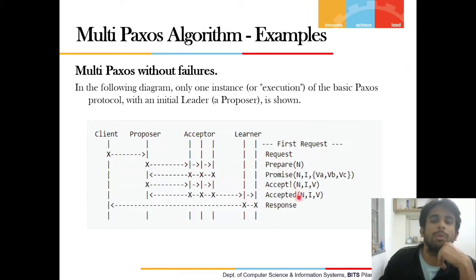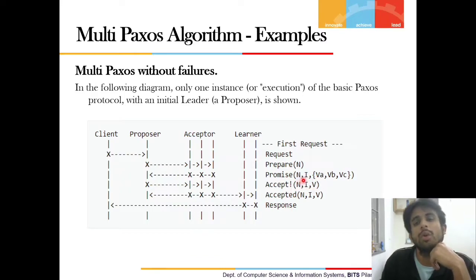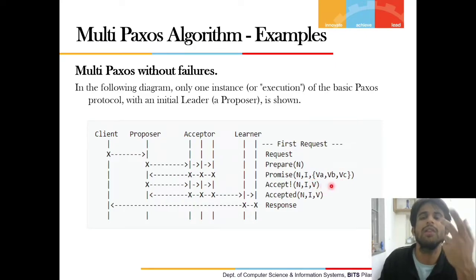In the promise message, it will also include the current instance number and the previously accepted value. Here VA, VB, VC are the previously accepted values by the acceptors. Here we are taking 3 acceptors, so there are 3 values which were accepted previously. After this leader receives a majority of the promise messages, it can send an accept message.